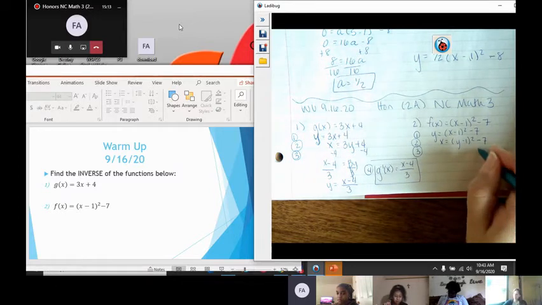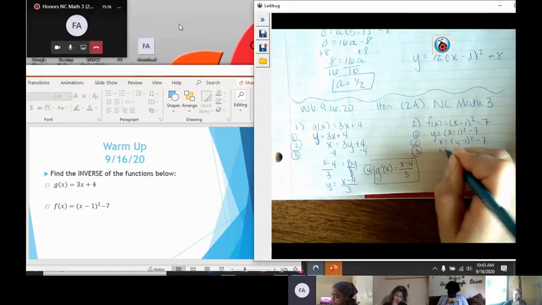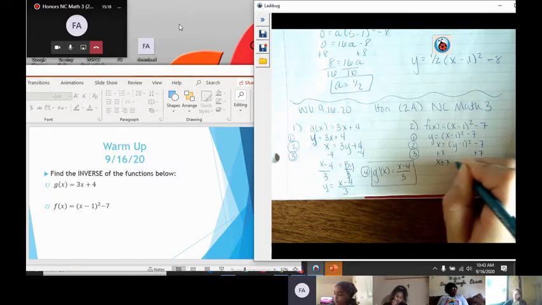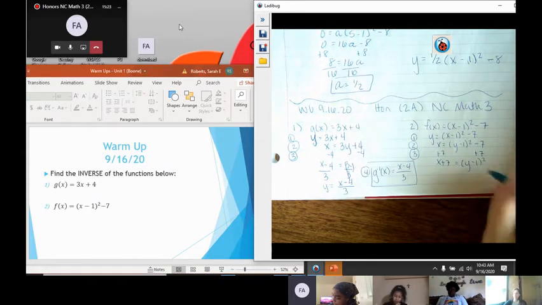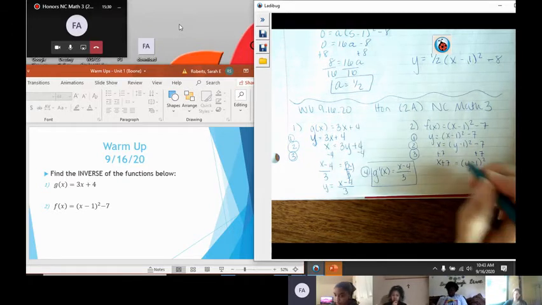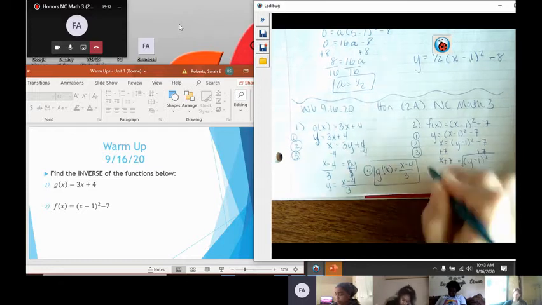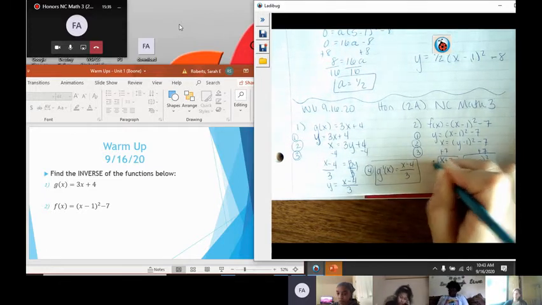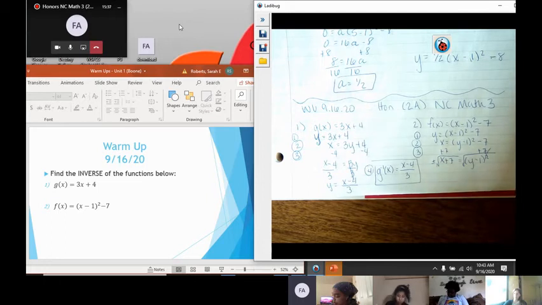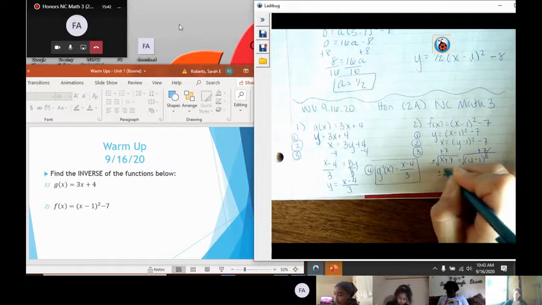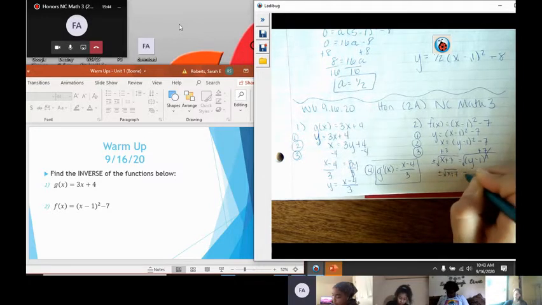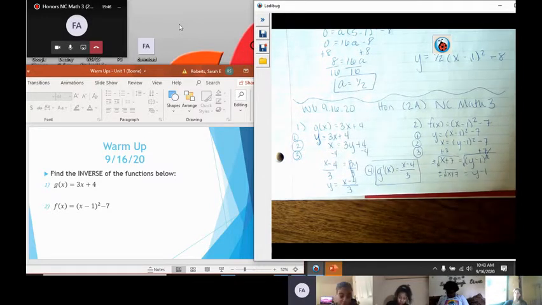Yeah, perfect. So I get x plus 7 equals y minus 1 quantity squared. And how do I get rid of this square? Square root. Yeah. And don't forget that you can have plus or minus the square root. So I'm going to have plus or minus the square root of x plus 7 is equal to y minus 1. And what's the last step that I need to do?